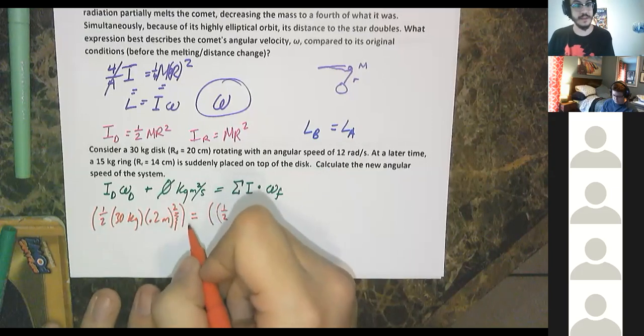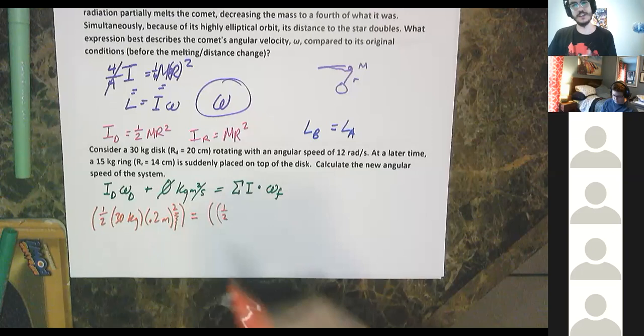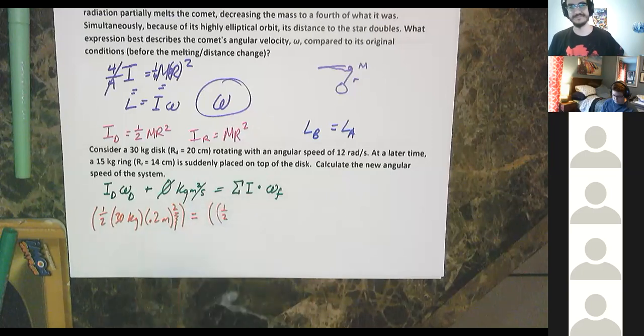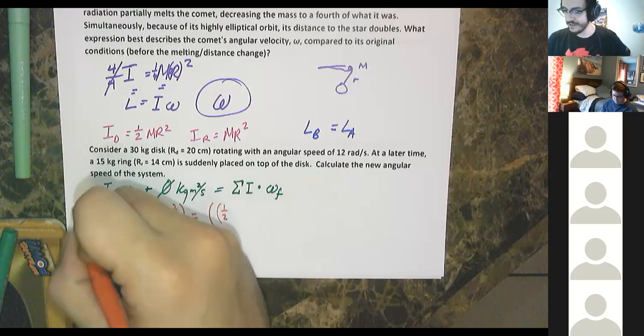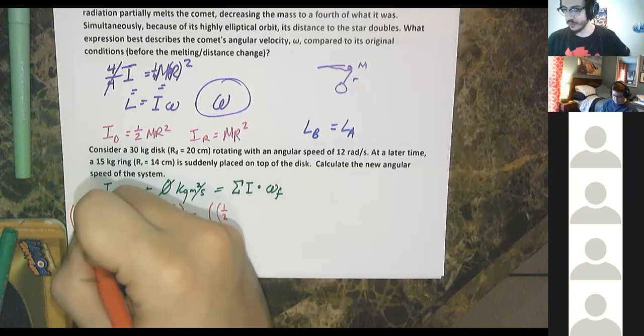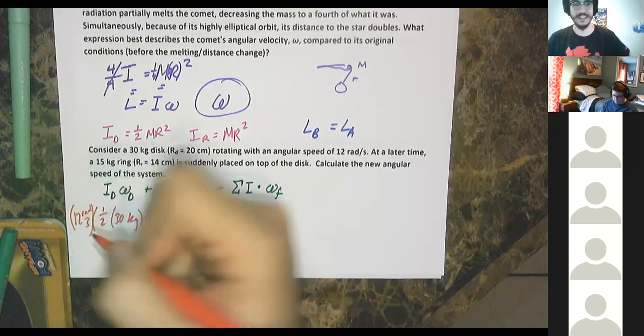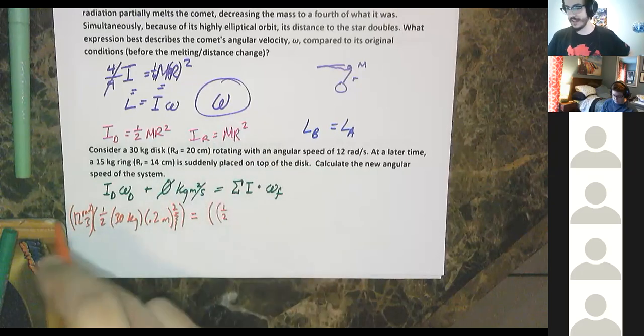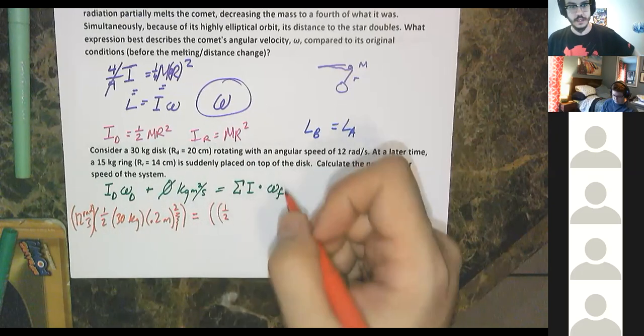Oh, do you see what I did manage to forget? I was telling you not to forget the square. What did I forget? You guys forgot it too, I guess. The 12 radians per second needs to be multiplied by that. Luckily, I had enough room to write it on the other side.